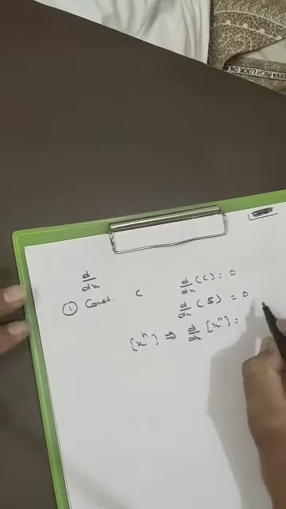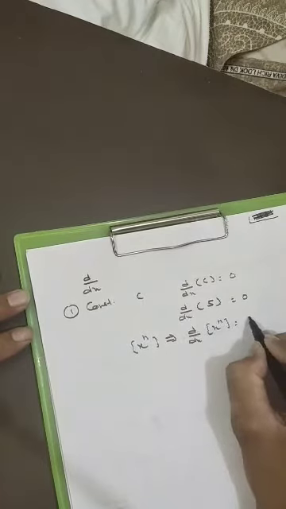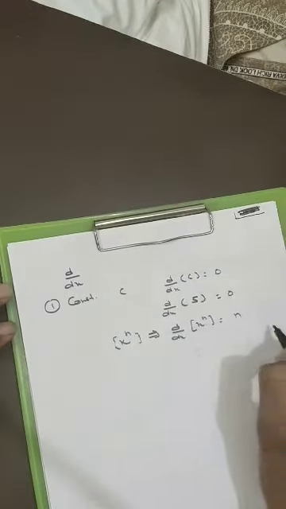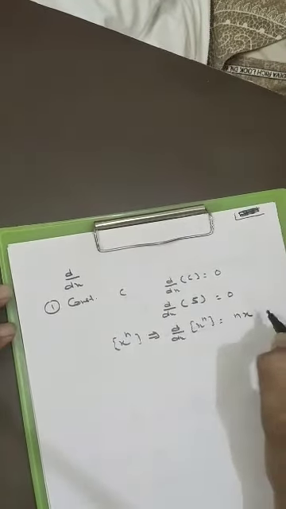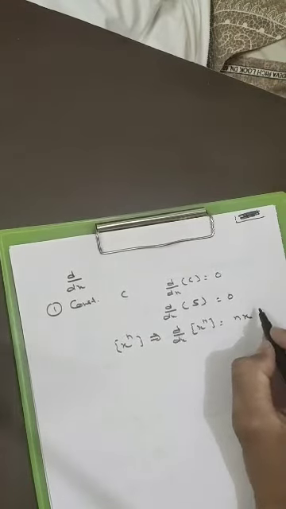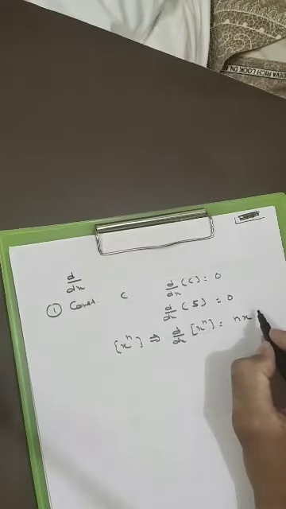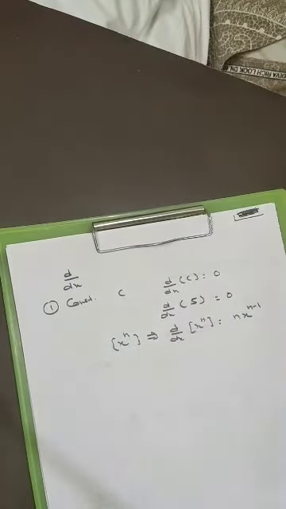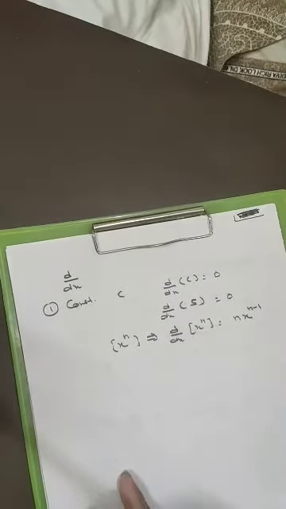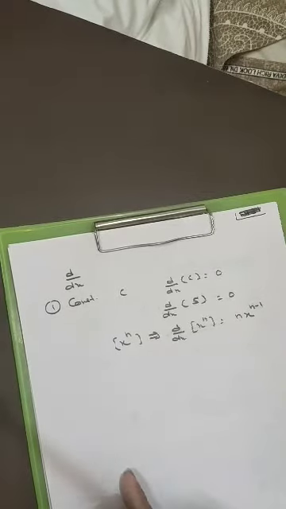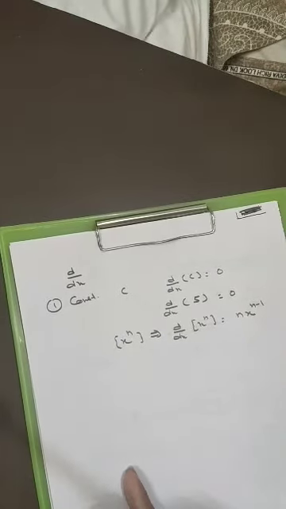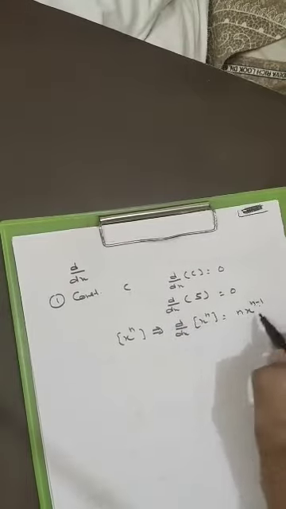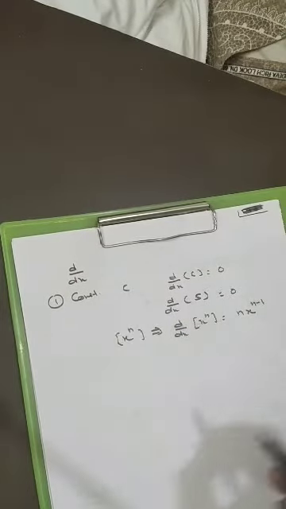Then what you will write: bring the power first here, then n into x raised to power, subtract 1 from the power. Sorry, I said separate, you should say subtract 1 from the power. So this is the differentiation of x raised to power n.